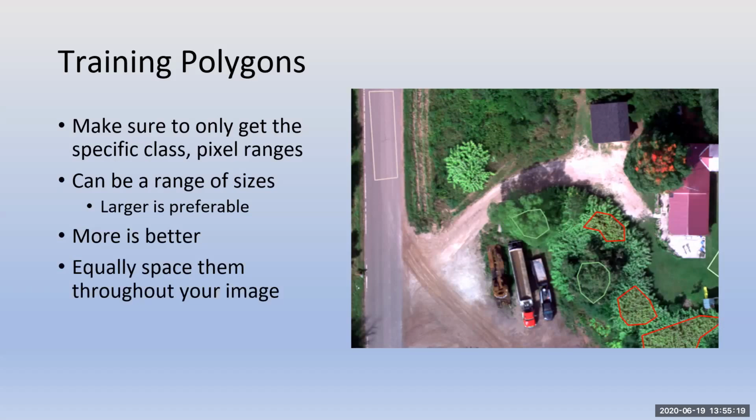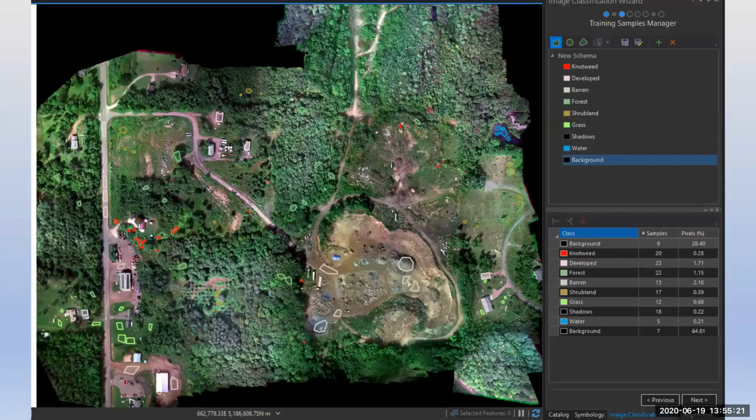Next slide. So this is our site again. We have polygons spaced out through our entire image. You've got the blue ones for water. Go clockwise down below, you have the green area there.